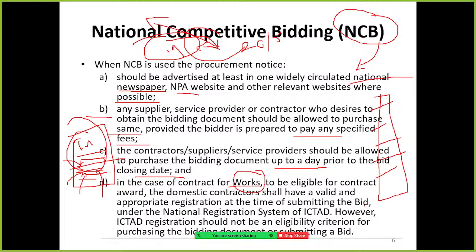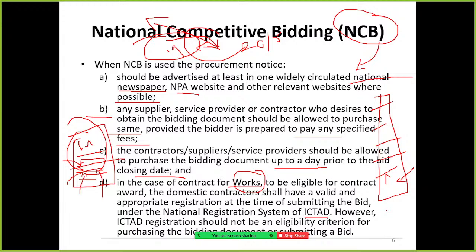Based on their capacity, the ICTAD gives the code. The ICTAD evaluates the contractor's financial capacity and technical capacity. Then they provide grades, A grade, B grade, like that. So based on the value of the contract, they determine which level of contractors are eligible to apply for that work.